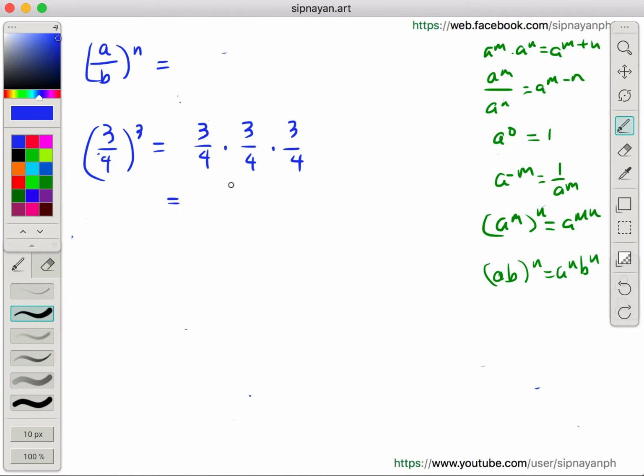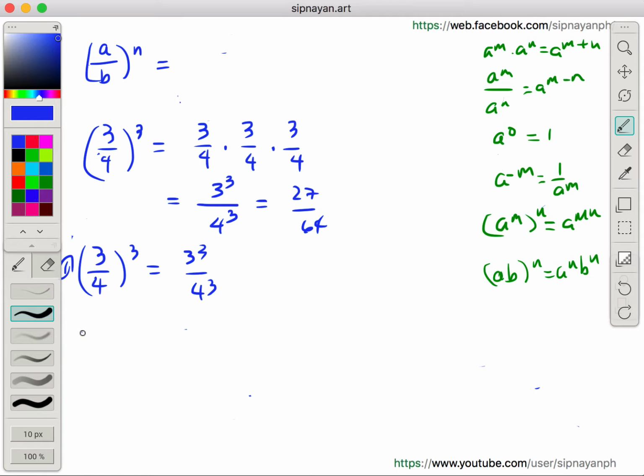So meaning this is equal to 3 times 3 times 3, which is 3 cubed, and then 4 times 4 times 4, which is 4 cubed, which is equal to 27 over 64. So meaning 3 over 4 cubed is equal to 3 cubed over 4 cubed. That's example number 1.